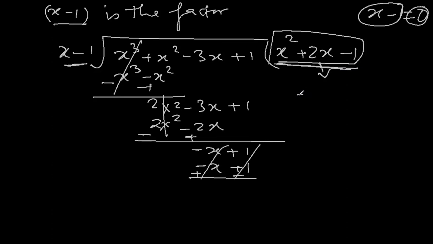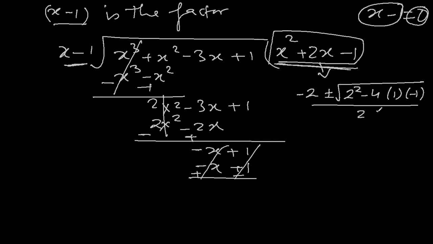So quadratic formula says minus b, 2 is b for us, plus minus square root b square minus 4ac over 2 times 1. So it comes out to be how much? Minus 2 plus minus 2 square is 4, that is plus 4 over 2.